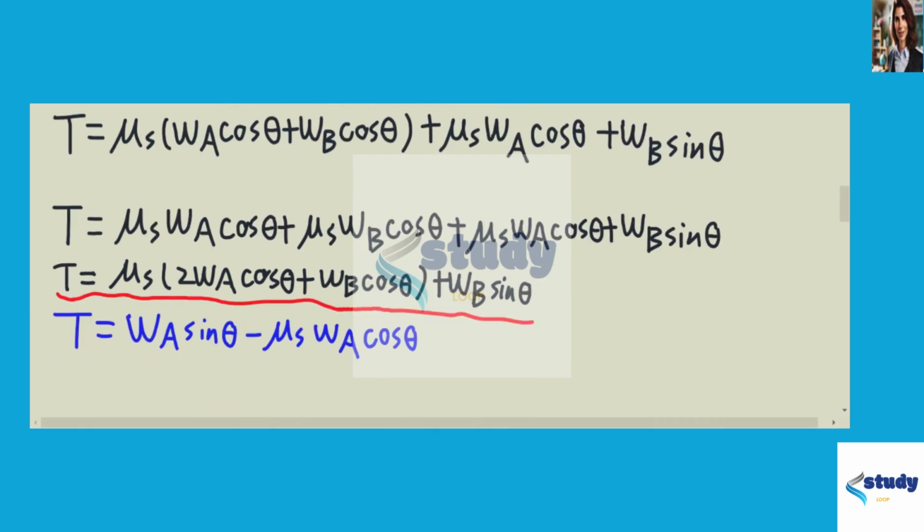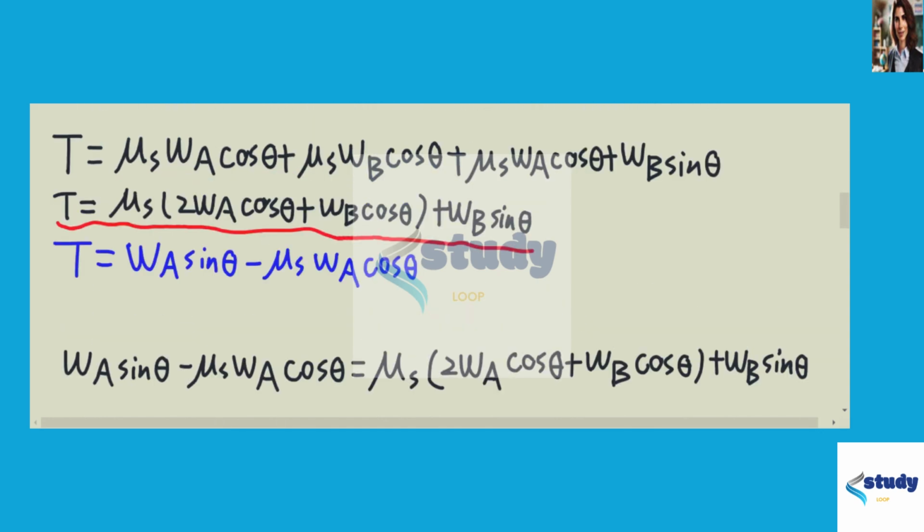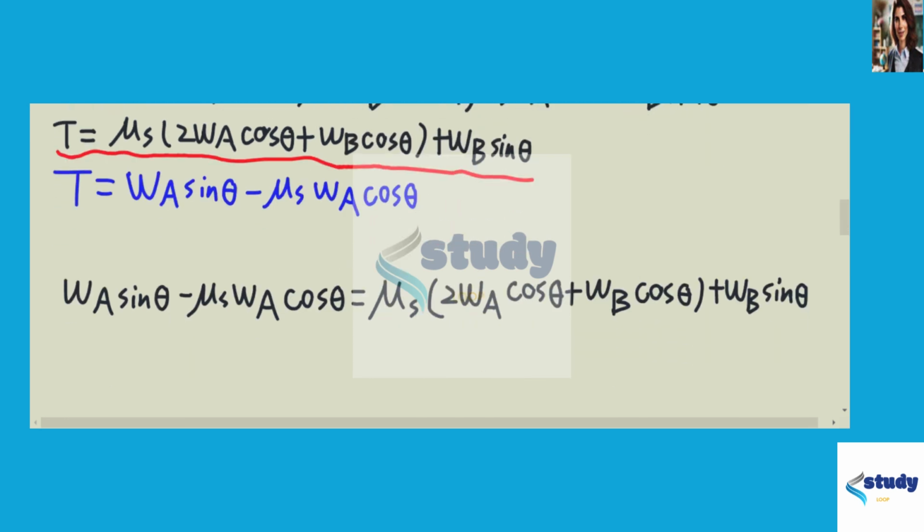And remember, T can also be equal to WA sin theta minus mu S WA cosine theta from the previous case, the free body diagram of block A. So we can set WA sin theta minus mu S WA cosine theta equal to mu S times 2 WA cosine theta plus WB cosine theta, plus WB sin theta.